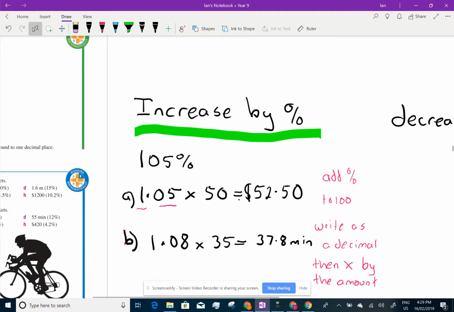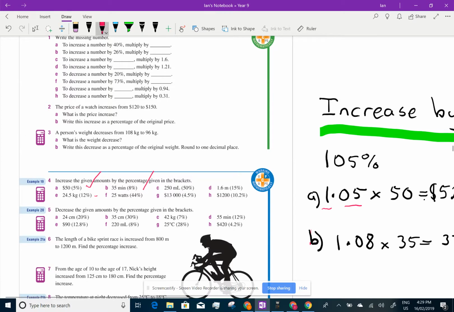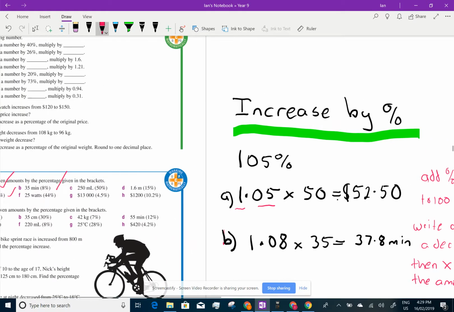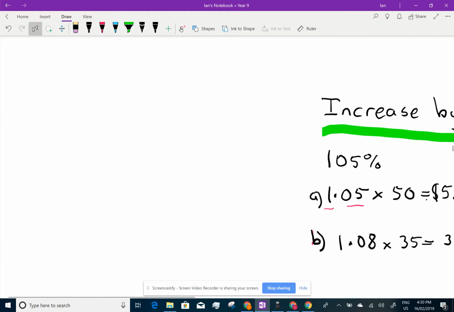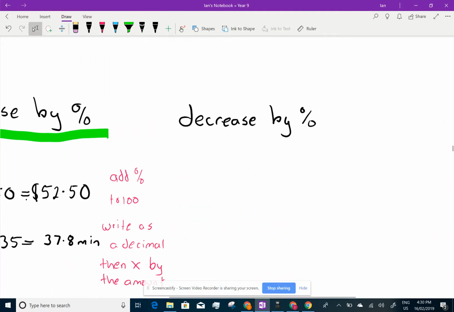Okay. To decrease, well, what have we got here? The first two. Decrease 24.5 by 12%. Well, we subtract it. Now, this is a bit harder. You might need to use your calculator. 12% from 100 is, so this is A, B, C, D. What's this? E? E. 12% from 100 is 88. 88% as a decimal is 0.88.